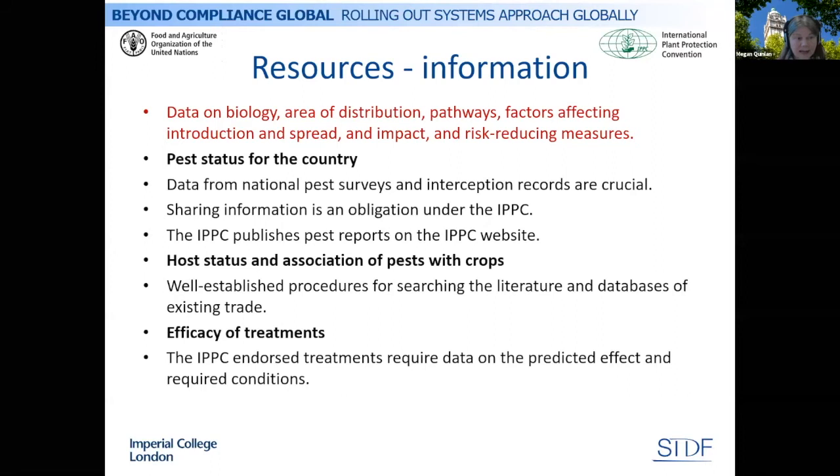Things like host status, association of pest with crops. There's a lot of research around this. There's varieties that are resistant. That information is out there, but there's also a standard relating to this now. And efficacy of treatments is in the treatment database of the IPPC. It's on the website.